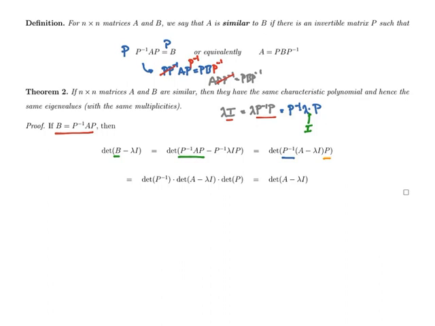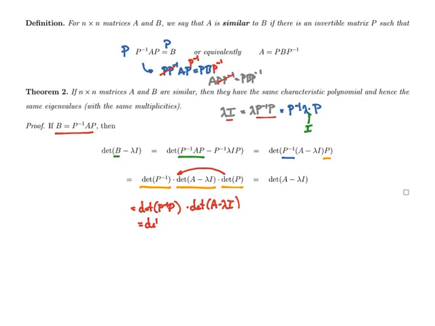Then using the multiplicative property of determinants, I can write this as the determinant of P inverse times the determinant of A minus lambda I times the determinant of P, and we can rewrite that as the determinant of P inverse P times the determinant of A minus lambda I, as these are just numbers, and I'm going to bring that determinant over there.